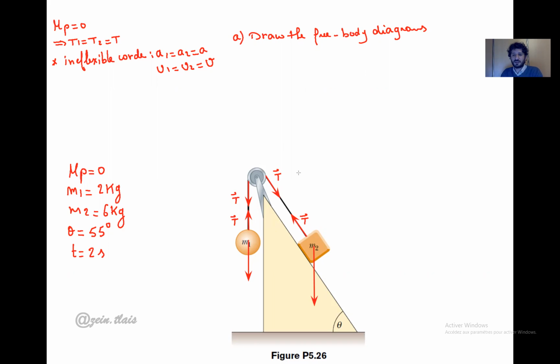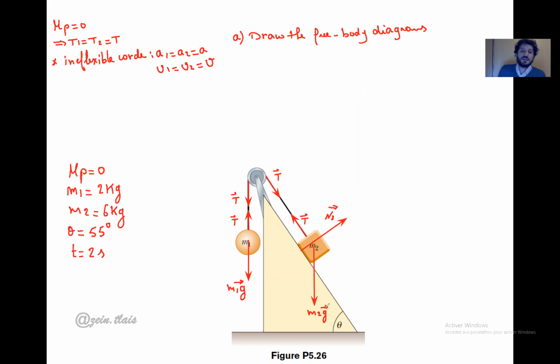And here we have the reaction N on M2. It is the reaction from the inclined plane on the mass M2. Here we have m1g, and here m2g.